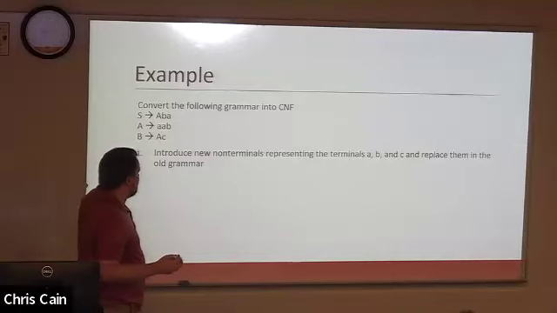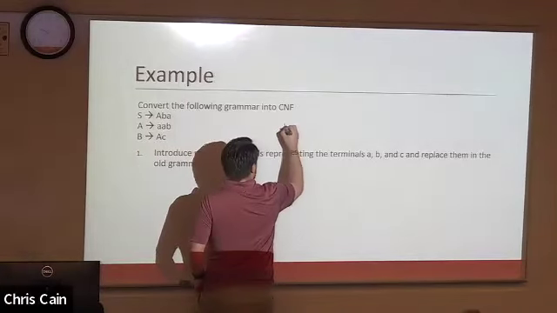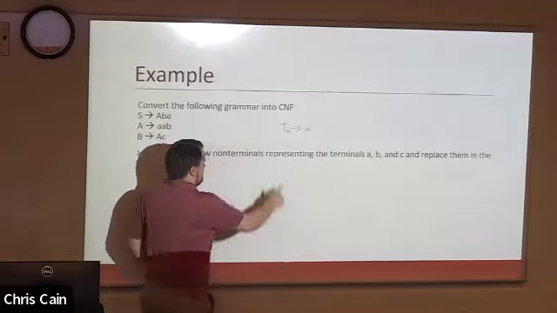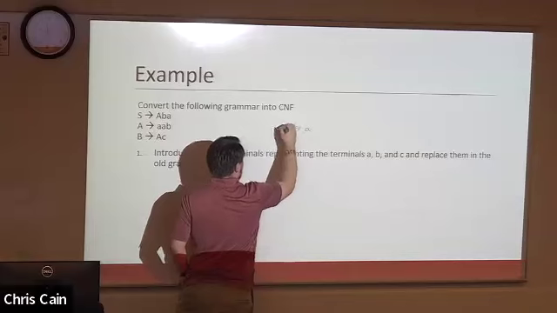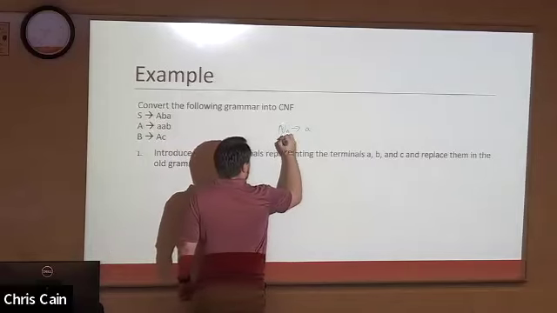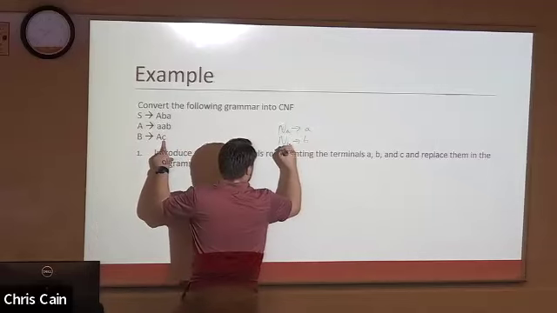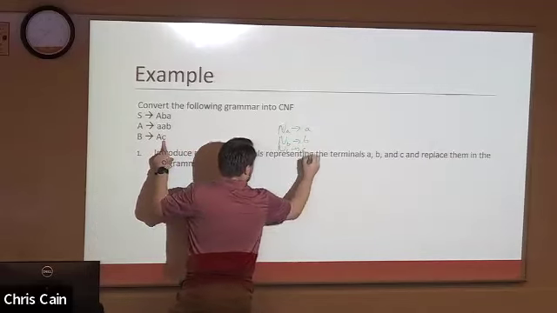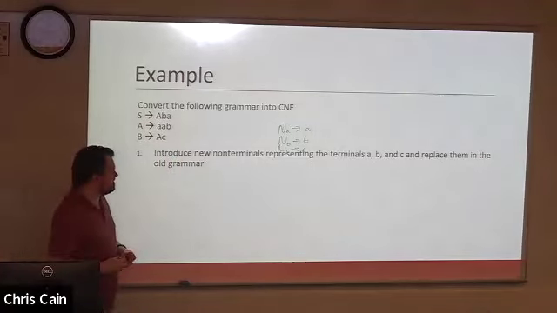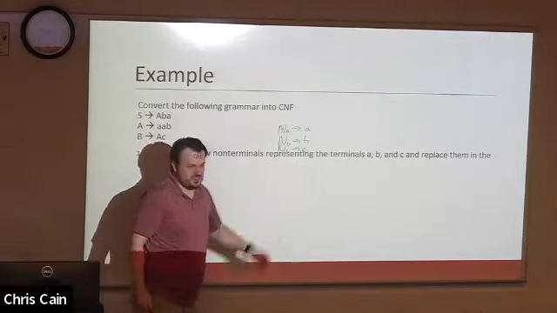Regardless of what I use for the rest of this, I'm going to make a new set of non-terminals, maybe we should use N. Non-terminal for A gets us to A. Non-terminal for B gets us to B. And non-terminal for C gets us to C. Hopefully that form makes sense as to what we're doing here. We're just introducing 3 new non-terminals that directly map to the terminals.